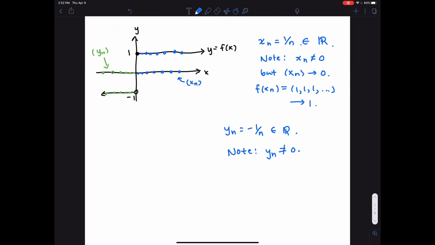Again, it's valid because it's a path of approach toward 0 that's never actually equal to 0. We see that yn goes to 0. But if you look at f of yn, that's the sequence of outputs, and since we're plugging in negative numbers, all of those go to negative 1 by definition of our function.